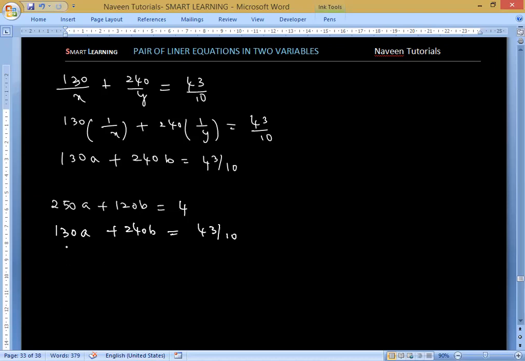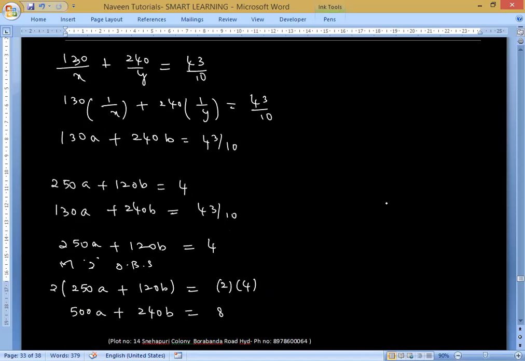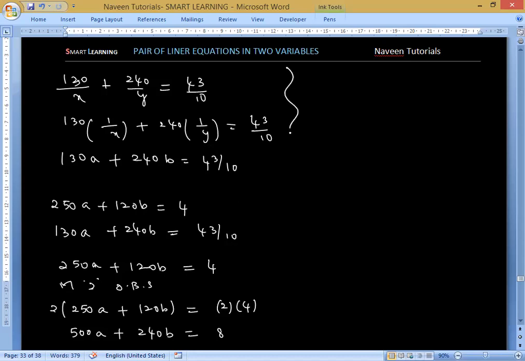So the first equation, 250a plus 120b is equal to 4, multiplied by 2 on both sides: 2 into 250a plus 120b equals 2 into 4, so 500a plus 240b is equal to 8. So I'll eliminate the b value.